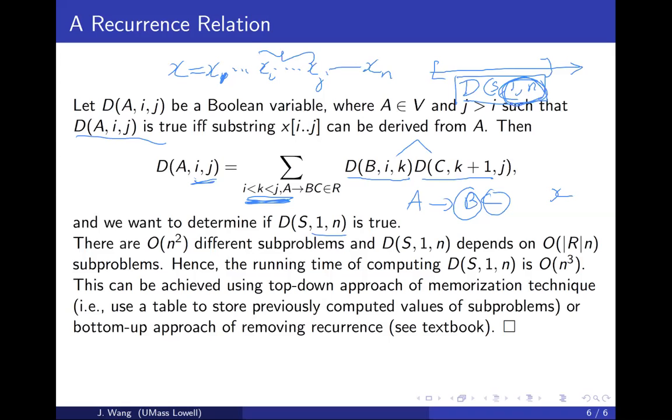That way, next time when we need the result of that subproblem, we just need to do a table lookup in one step instead of carrying out a recurrence relation and expanding to a subtree, which would take exponential time. Okay, so that's the end of this video.